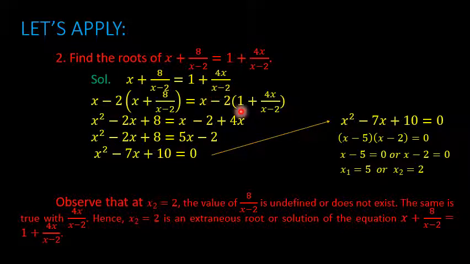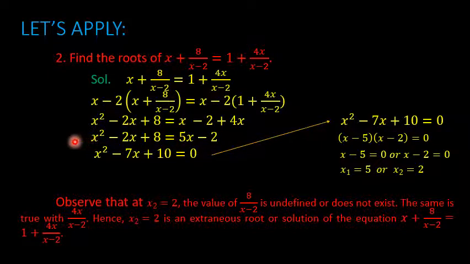Because x times 1, x. Don't write 1x, just write x. Then, negative 2 times 1, negative 2. Then, x minus 2 times 4x over x minus 2. Cancel the x minus 2, what remains is 4x.